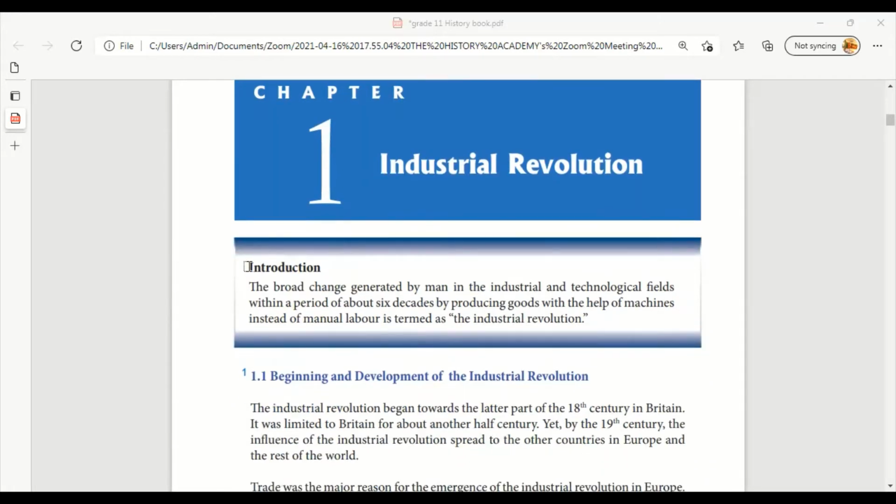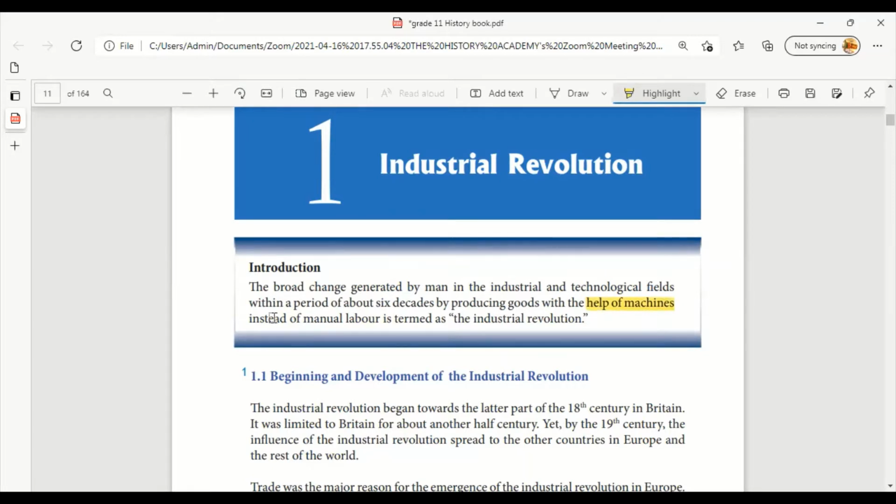Okay, so they have given us an introduction. As I explained, it was the broad change generated by man in the industrial and technological field within a period of about 6 decades by producing goods with the help of machines. So as I told you, the main change in this sector is the use of machines.